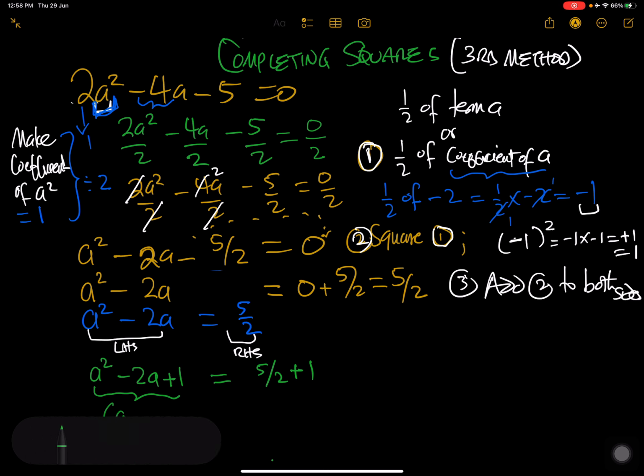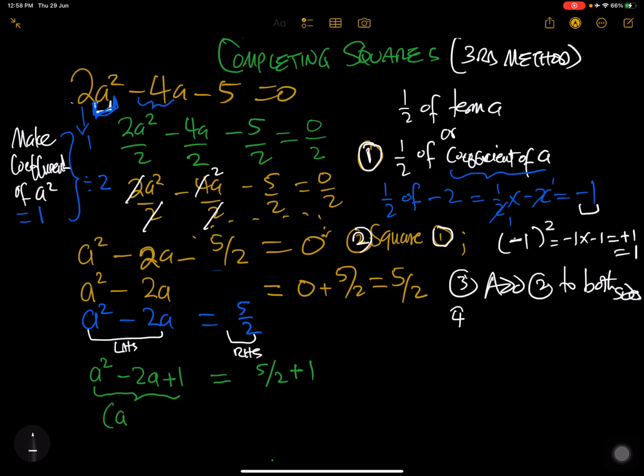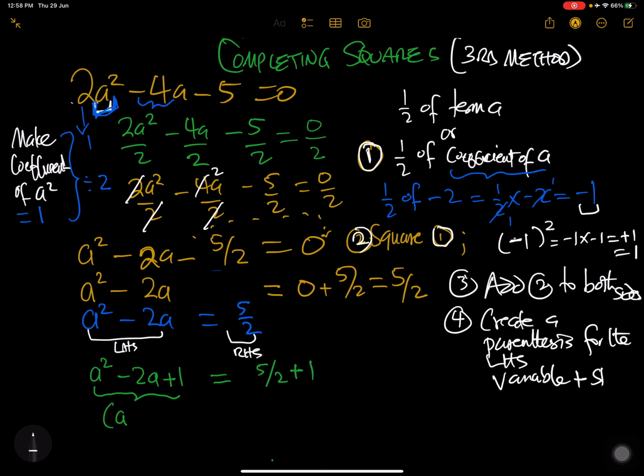So let's say step 4 will be to create a parenthesis for the left hand side, and have the variable plus step 1.